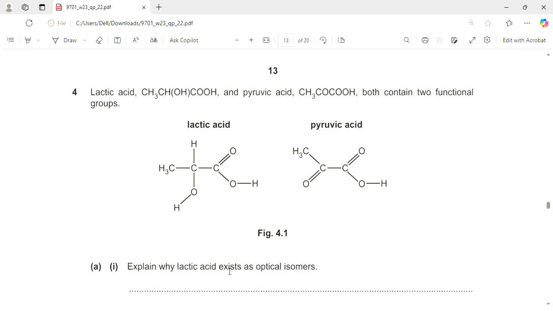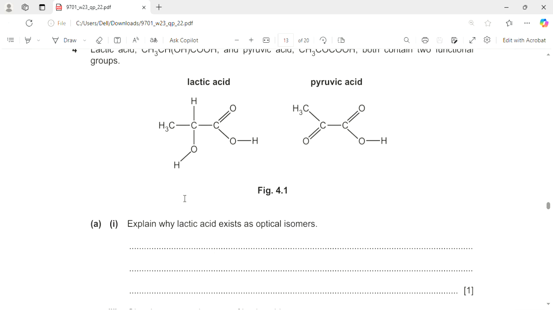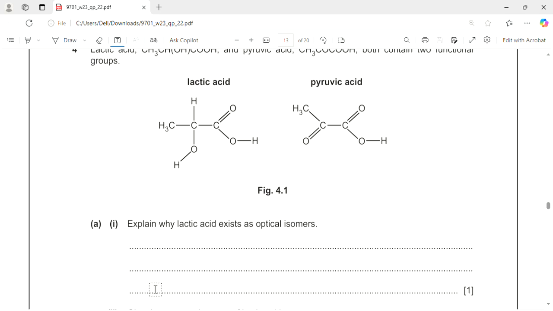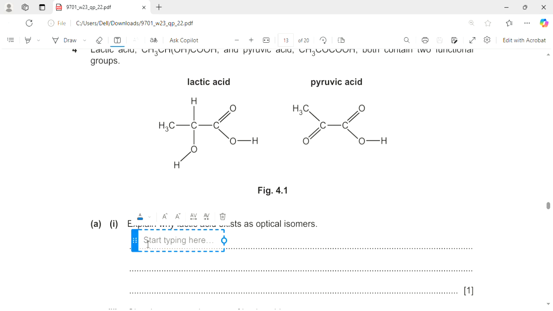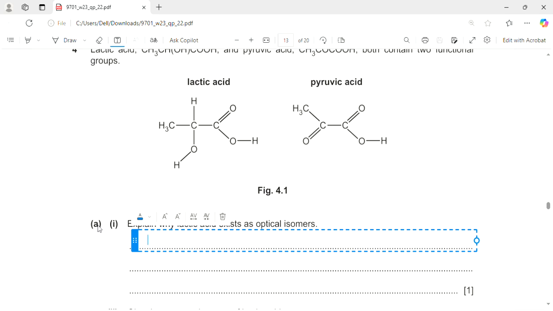So what is shown here? Explain why lactic acid exists as an optical isomer. So we can write the answer here.